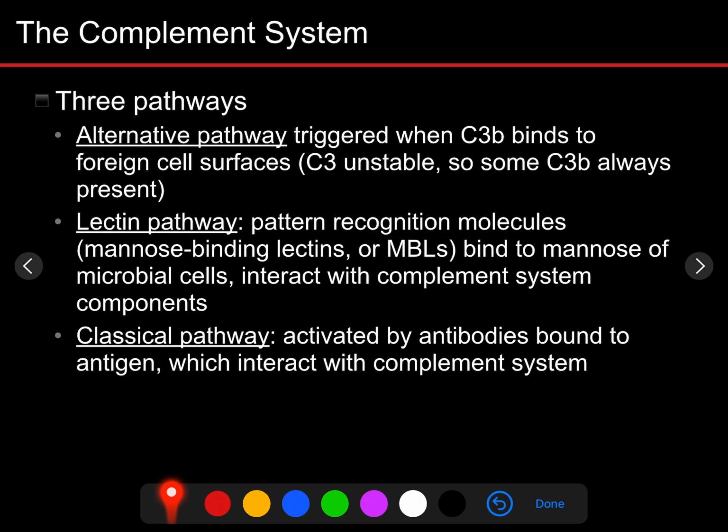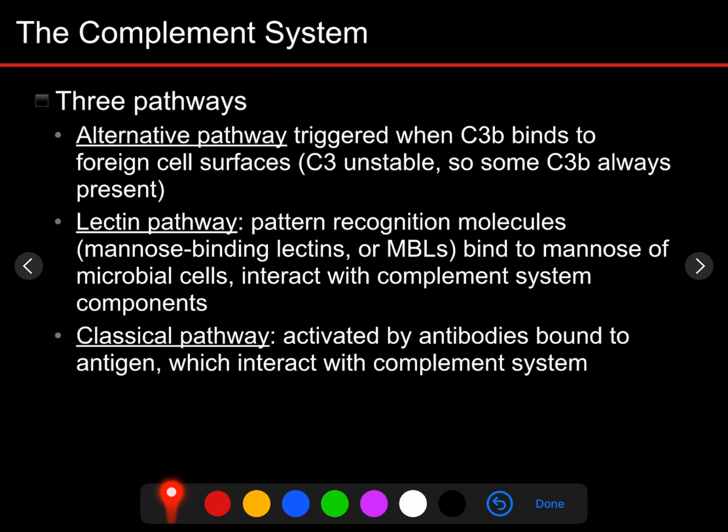So, first thing to know is that there are three different ways that the complement system can become active. The first is what's called the classical pathway. This was the first pathway that was discovered, and it is basically controlled by antibodies.